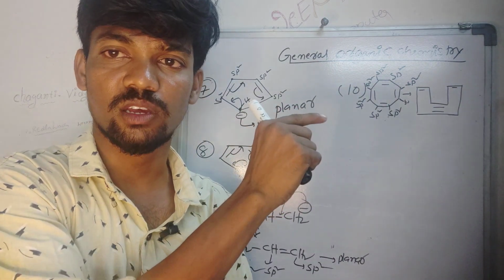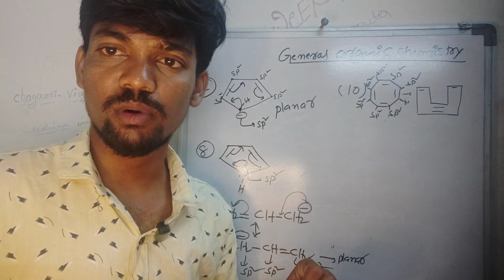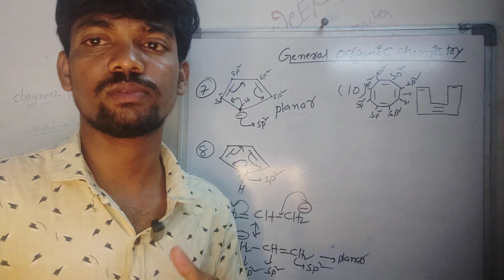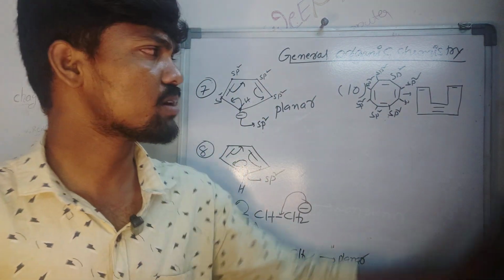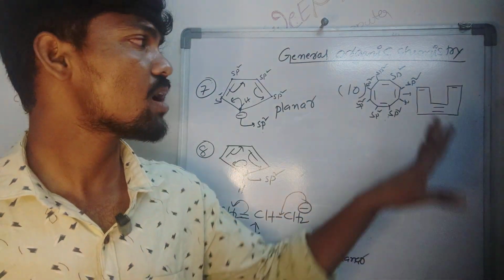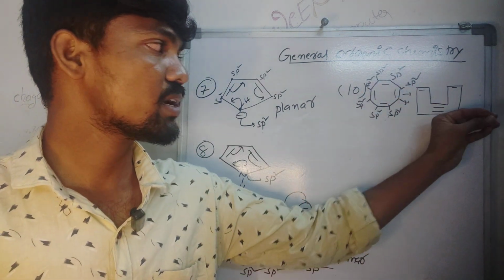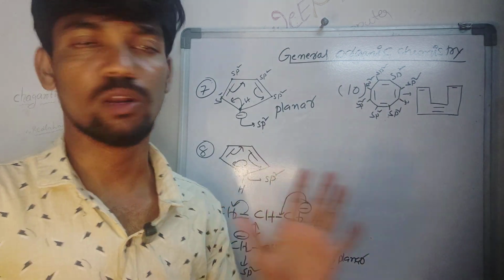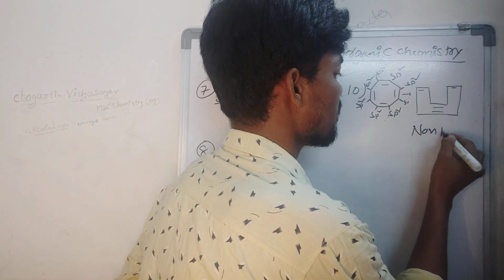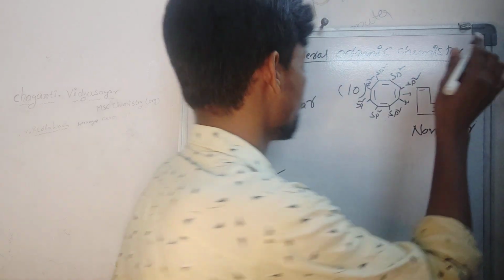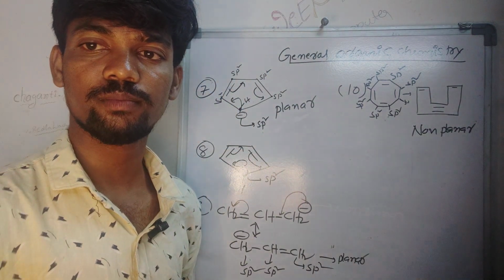This is the exception. All sp2 carbon molecules will not necessarily be planar molecules. But this is an exception case. Even though they have sp2 carbons, it doesn't give a planar molecule. So it is a non-planar molecule. You are getting my point. You have to remember. Okay.